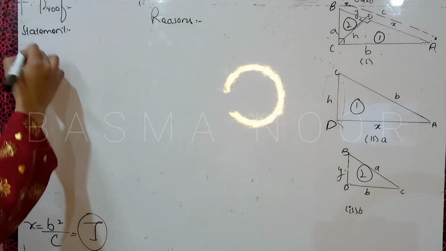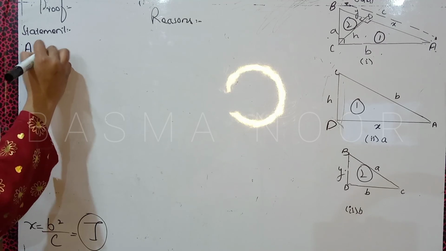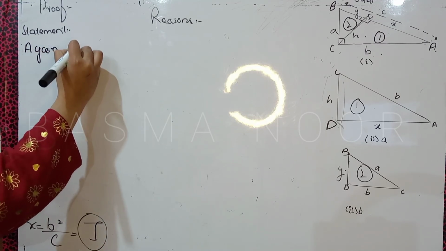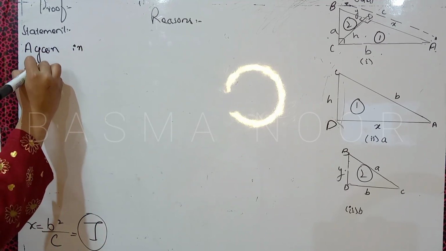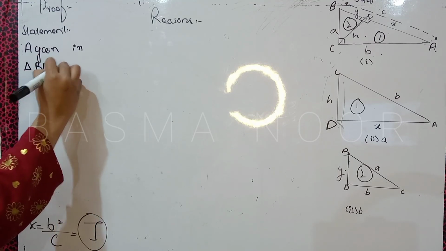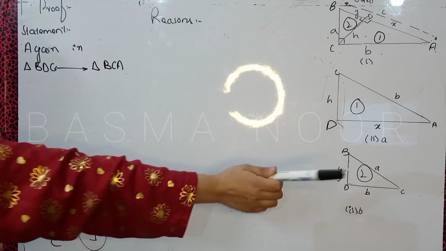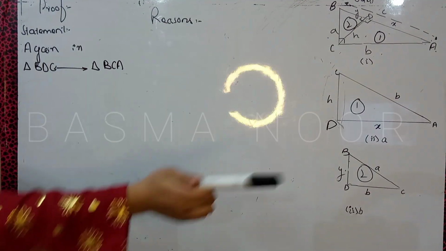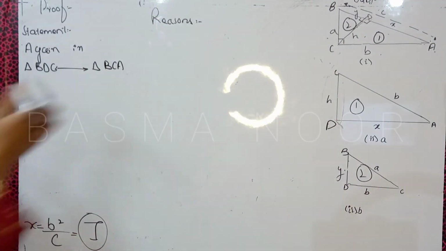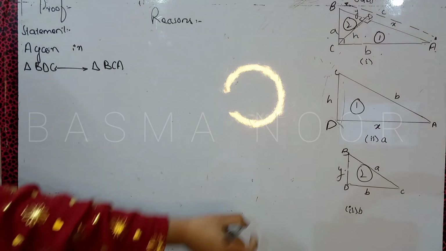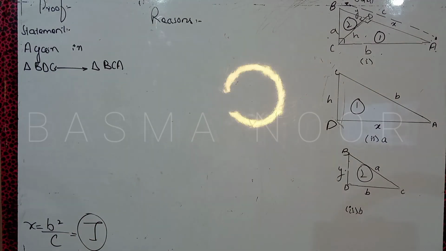Now we're going to take correspondence again. Triangle BDC has correspondence to triangle BCA. First we took this and this, now we're taking this and this, okay? So BDC, BCA.